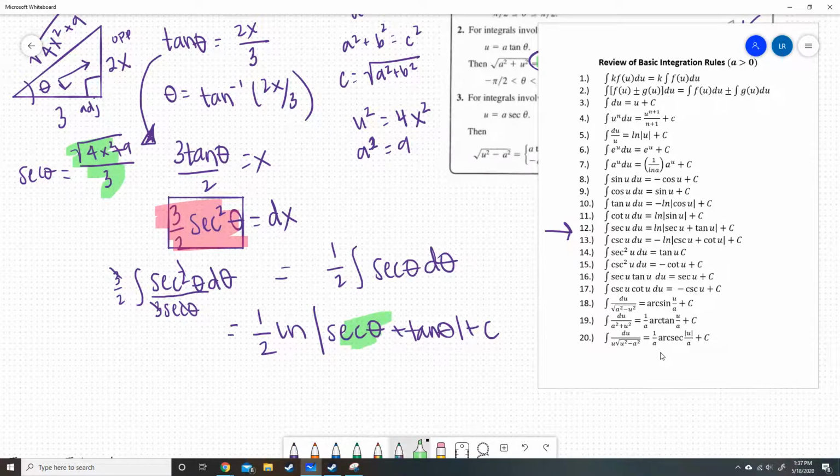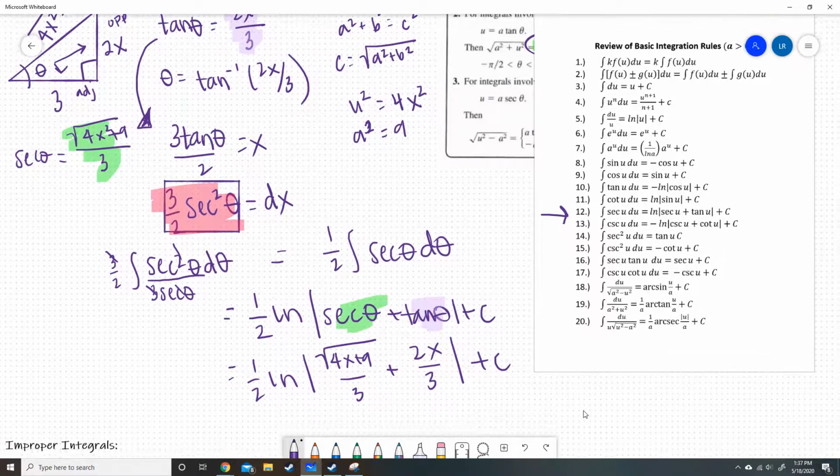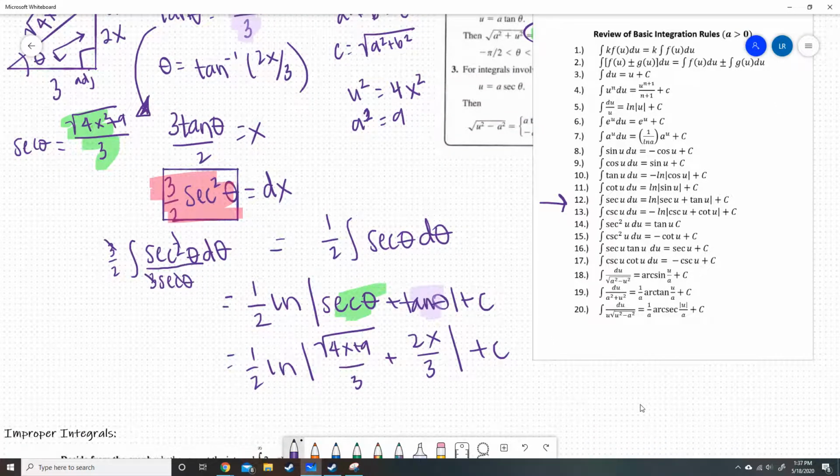And we know what tangent of theta is, because we had that written down earlier, so I can replace tangent of theta with that. My final answer becomes 1/2 ln of the square root of 4x squared plus 9 over 3, plus 2x over 3, plus c. And we are done. That is our final answer.